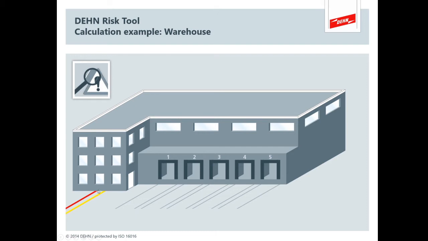The red line means a power line where the energy comes into the building, and this can be 0.4 kilovolts or 20 kilovolts, 10 kilovolts, and so on. The yellow line is also an incoming line, for telecommunications, for example. So this will be our calculation example.